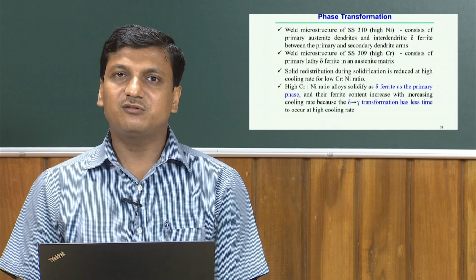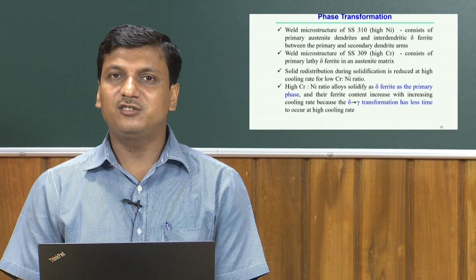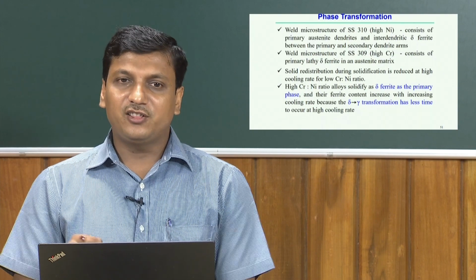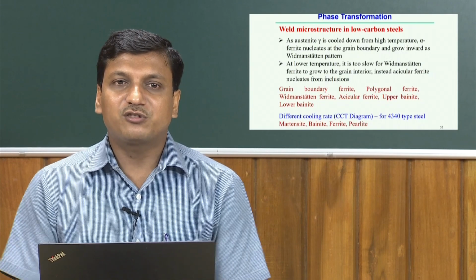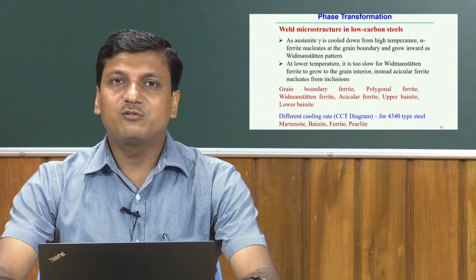Of course, in this case we need an in-depth study of the different types of microstructure for other materials. Here we try another example, the weld microstructure in the case of low carbon steel.